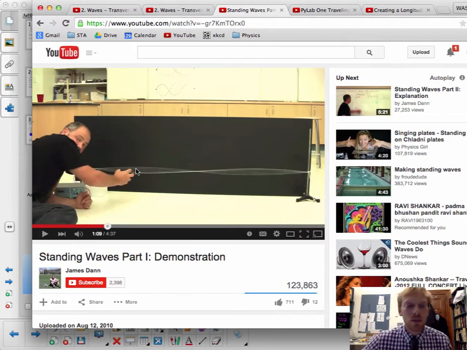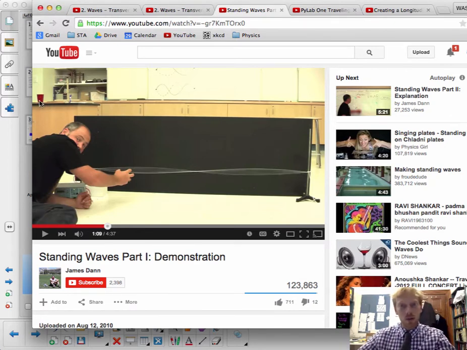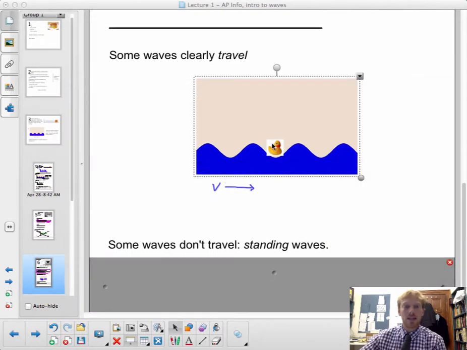All I want you to see from this video is that if you just saw the video of that wave, it would be hard for you to say which way it was traveling, because each individual particle just moved up and down, and every particle moved up and down at every moment. It would be hard to say, oh yeah, that is moving to the right, because to me it just looks like one stationary thing that's oscillating.